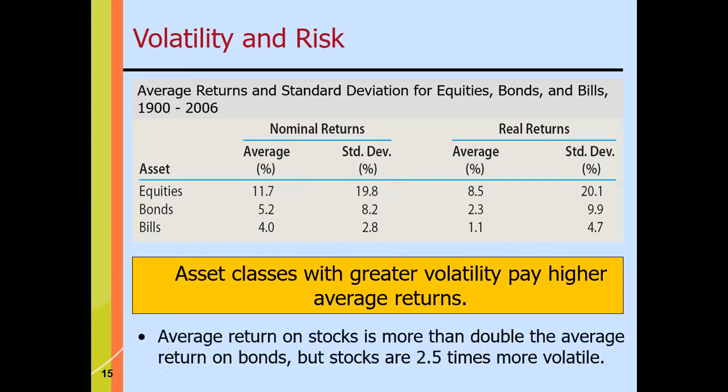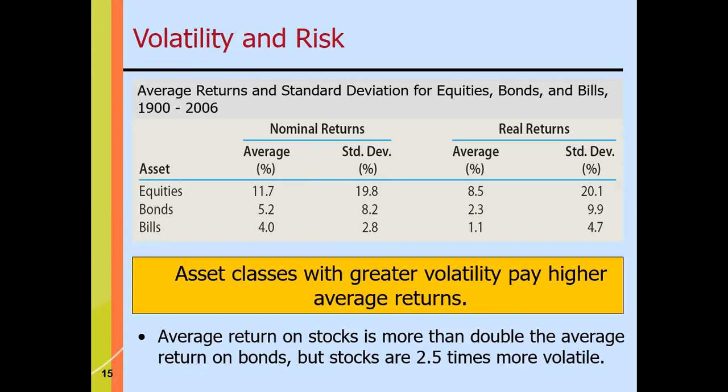Then we can notice as well that the average return on stocks or equities is basically more than double the average return on bonds. So that's 11.7 versus 5.2, and here also 8.5 versus 2.3.